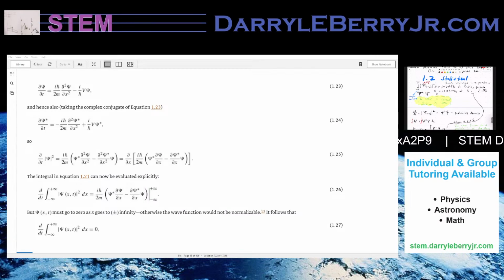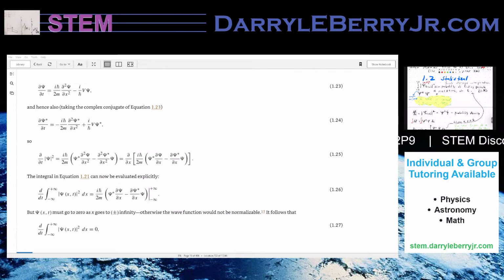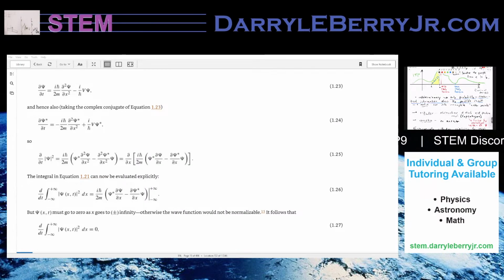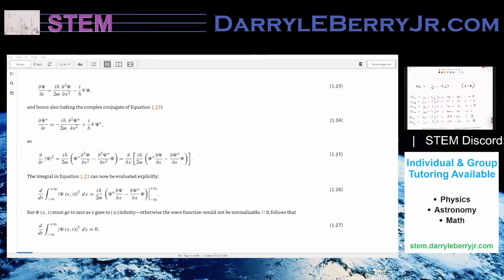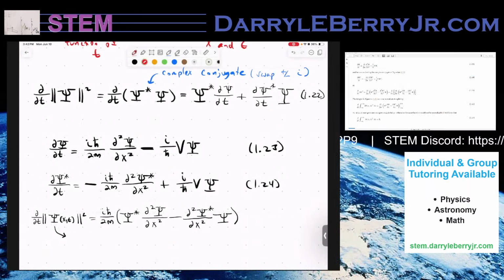And we'll take as a given that whatever psi is, the first derivative of psi with respect to t has to equal i h bar over 2m, the second derivative with respect to x of whatever psi is, minus i over h bar, the potential, and then psi.